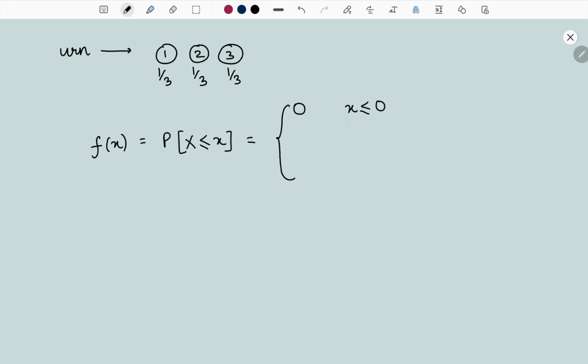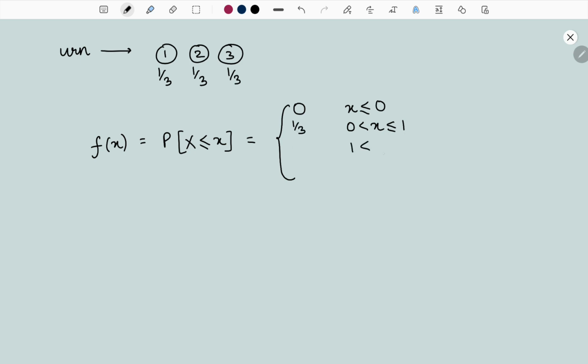When ball number 1 is drawn, x equal to 1, the value is 1 by 3.